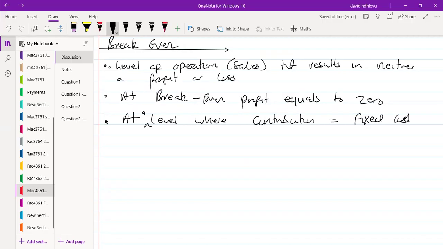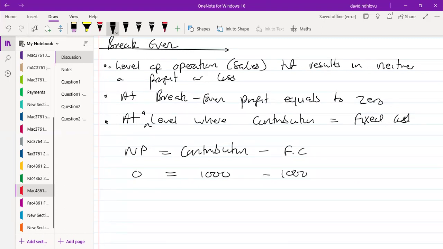Remember the calculation of net profit is equal to contribution minus fixed costs, which means if I'm having 1,000 there, then I must have 1,000 there, so that at the end of the day, my net profit will be zero. So therefore, at a level of break-even, the value of the contribution is exactly equivalent to the value of the fixed cost, giving us a profit of zero.